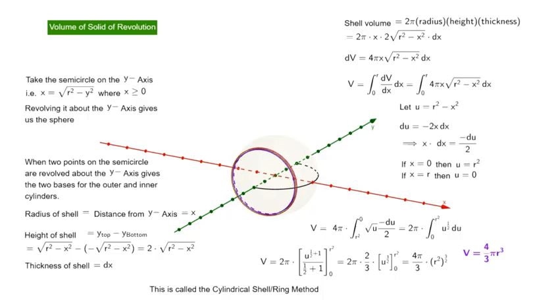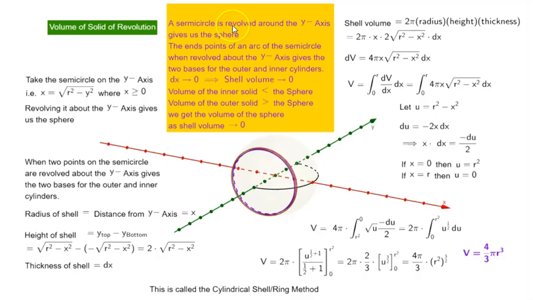Now to summarize, a semicircle revolved around the y-axis gives us the sphere. The endpoints of an arc of the semicircle, when revolved about the y-axis, give two bases for the outer and inner cylinders. So as dx goes to 0, dx being the thickness of the shell, as these two circles get closer and closer to each other, shell volume goes to 0.